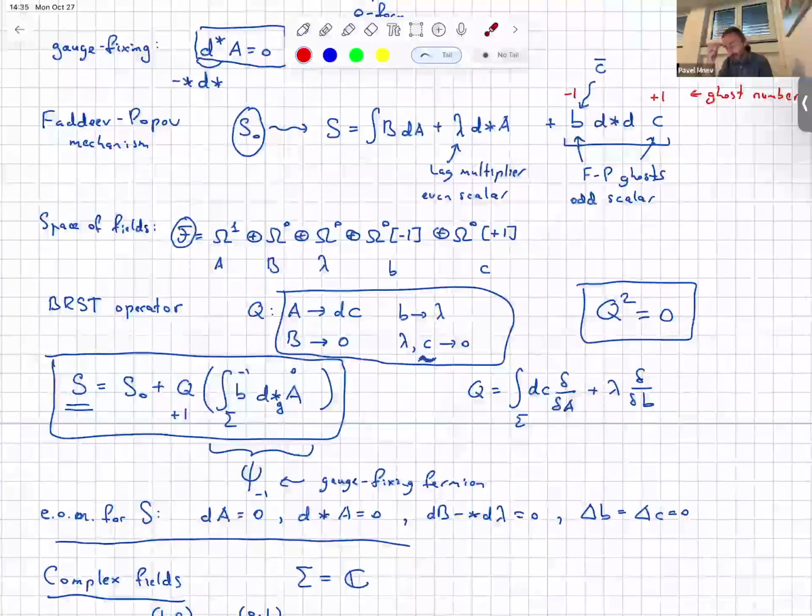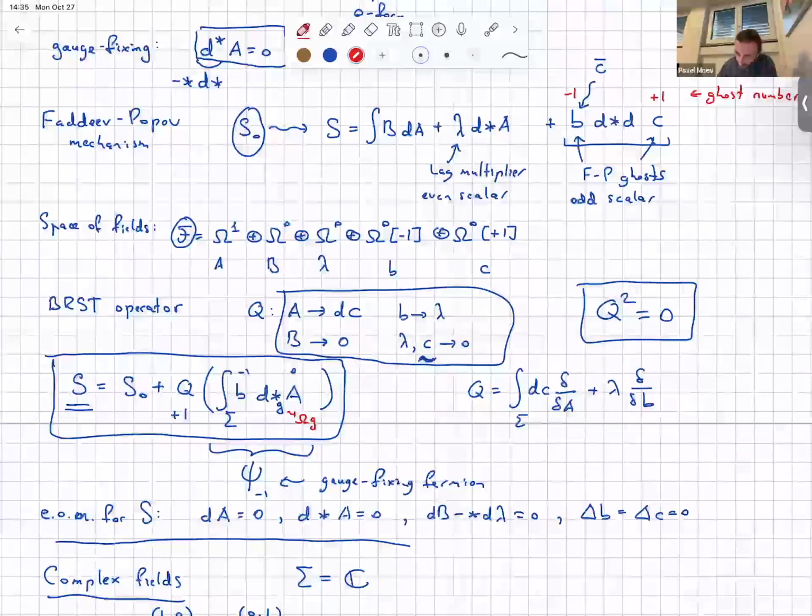It means that if I rescale the metric by a transformation, then the action wouldn't change. When I rescale g to omega times g, for omega some scale factor, then star acting on a p-form would rescale by omega to the power of the dimension of the manifold over 2, which is 2 over 2, minus p. Since we are acting on a 1-form, it doesn't rescale at all.